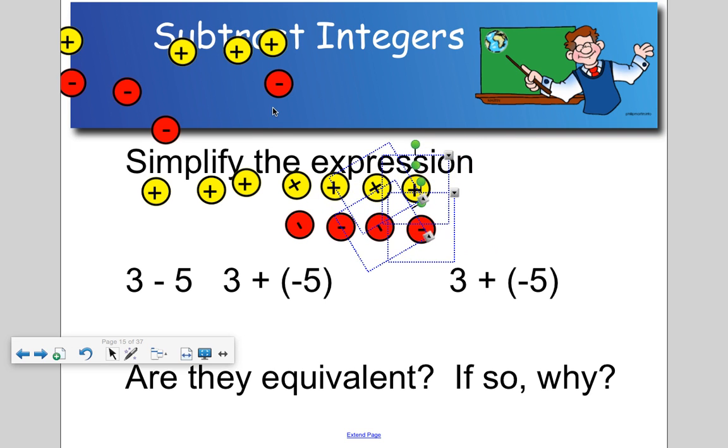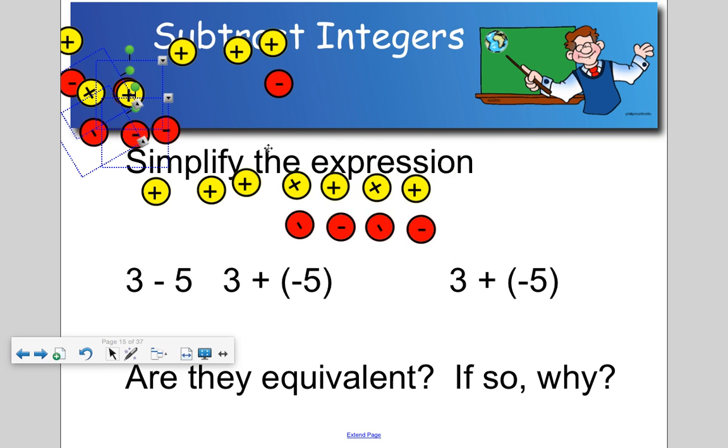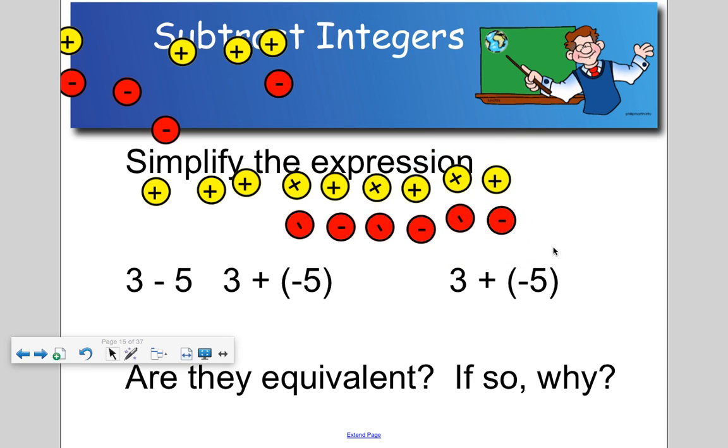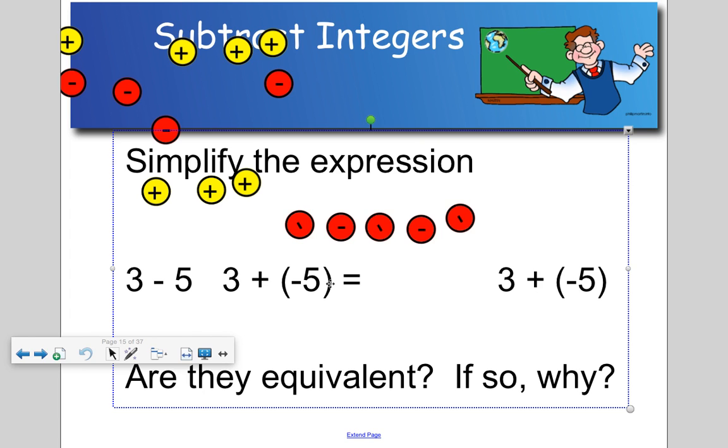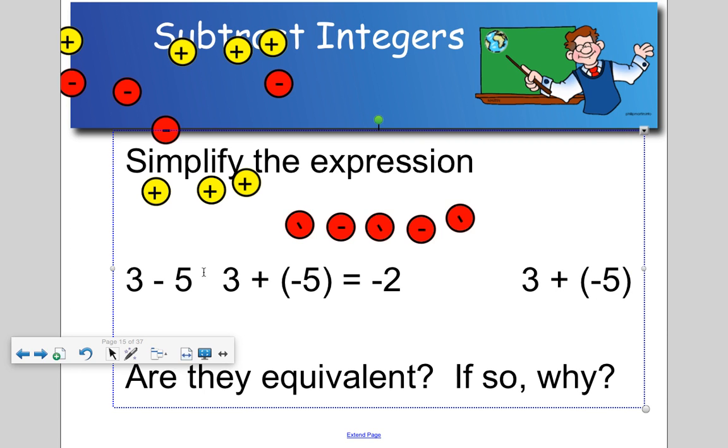Now can I take away 5 positives? Yes, I can. So I started with 3 positives. I added 5 negatives to it, and the answer will be -2. So I rewrote the subtraction to an addition using add the opposite.